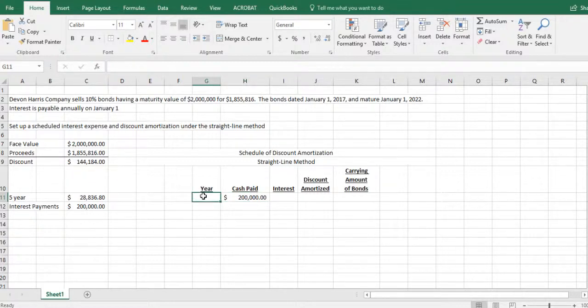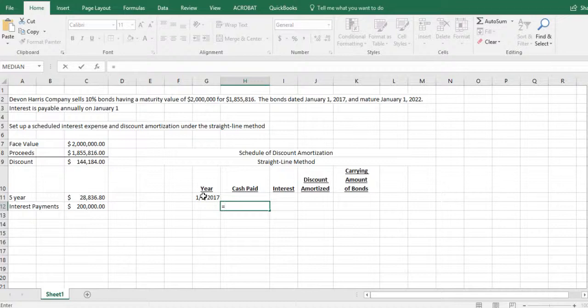So we have 1/1/2017. This is when everything was issued. Our payment will be on 1/1/2018, or be accrued as of 12/31/2017.